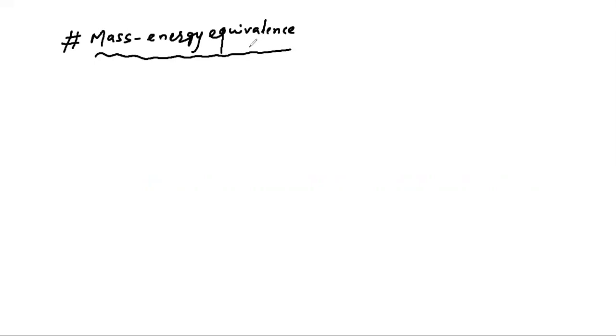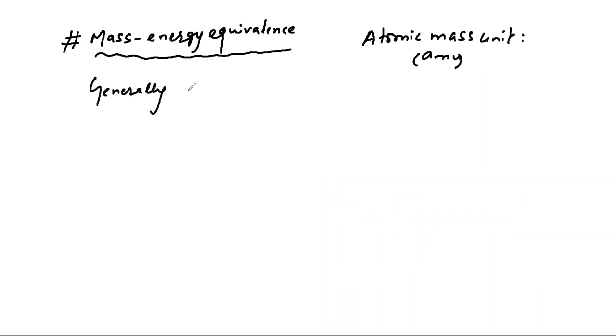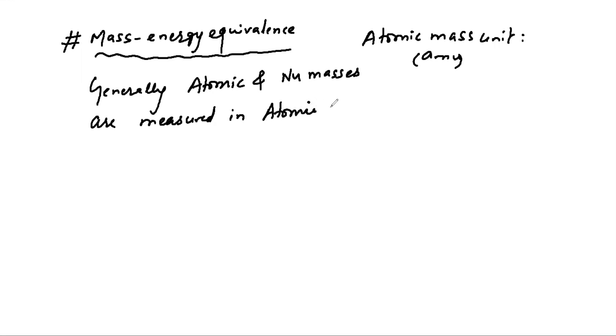Okay, so आप लोगों ने atomic mass unit तो सुना हुआ ही है. You have heard about this atomic mass unit. I'll just recall this for you. AMU. ठीक है, atomic mass unit. So we should know one thing, that generally atomic and nuclear masses are measured in atomic mass unit.